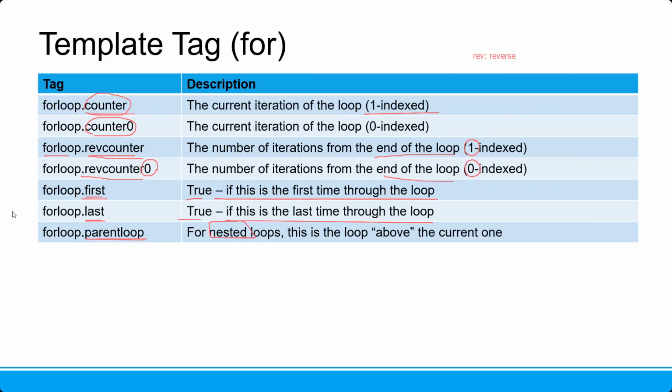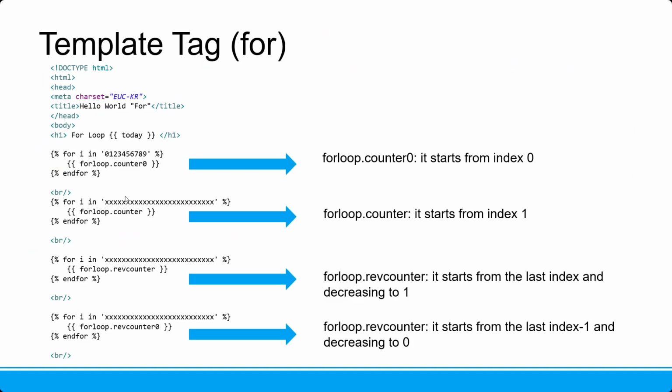In Python, it is easy to have a for, and then another for inside. But in the template tag in HTML, we have the parentloop. So it depends whether we are now in the parent or in the child. So it is different. So let's see one by one.